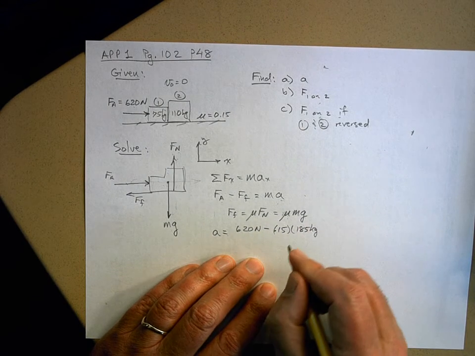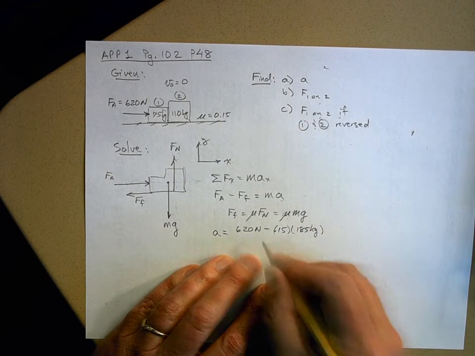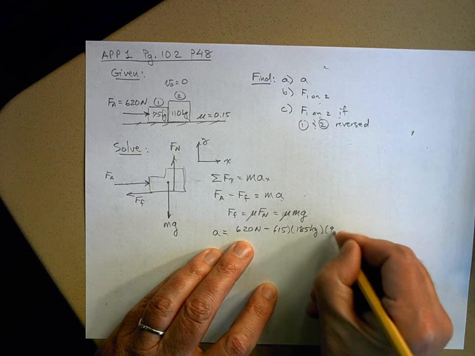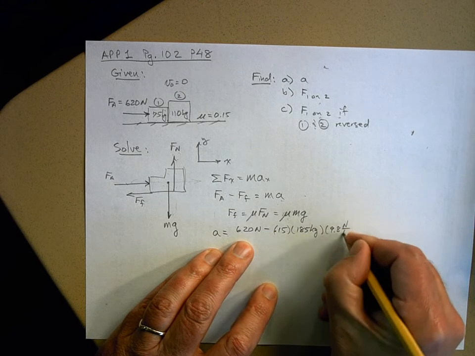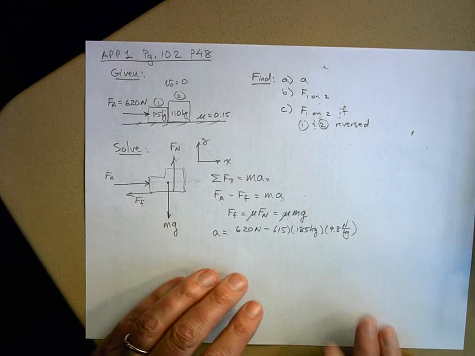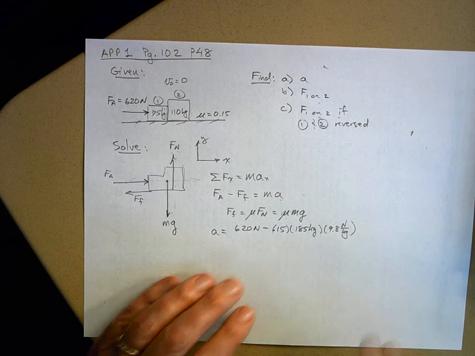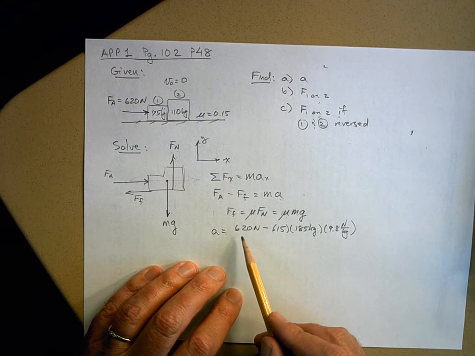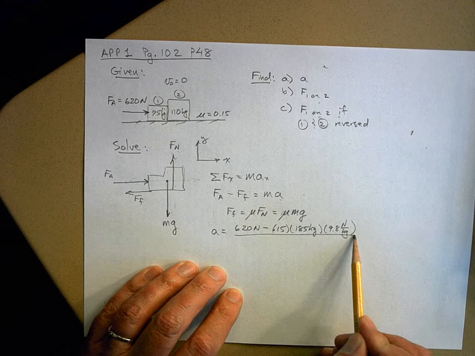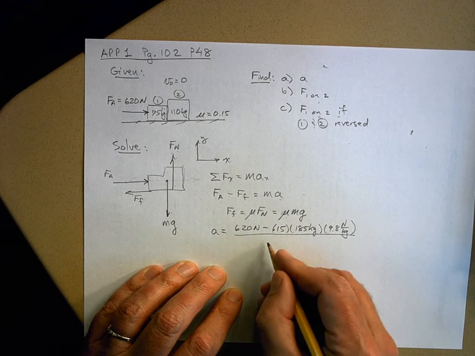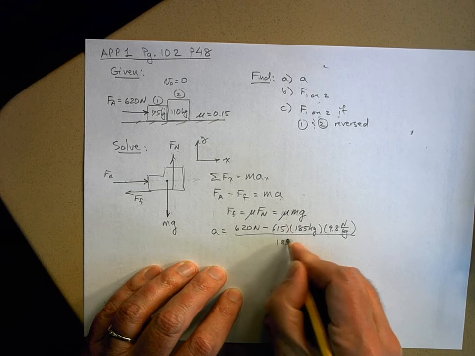I think I did the arithmetic right. And then g is 9.8 newtons of force for every kilogram of mass. That's how strong gravity is. And then we have to divide it by that combined mass, 185 kilograms.